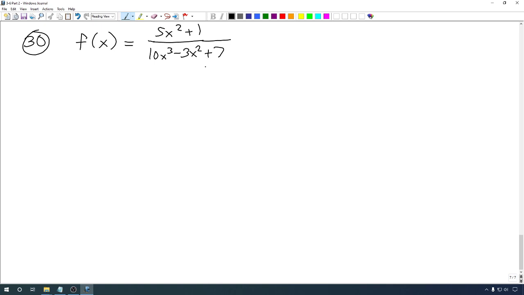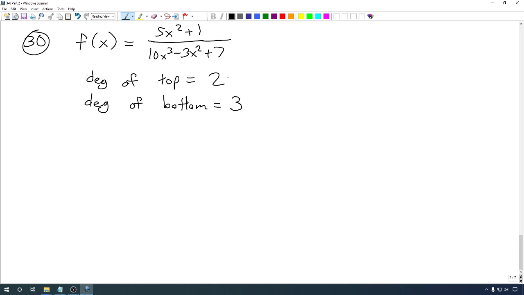This is a rational function. We look at the degree of the top. It's equal to 2, because the biggest power of x was x squared. And the degree of the bottom, because the biggest power of x on the bottom is x cubed, we have a degree of 3.